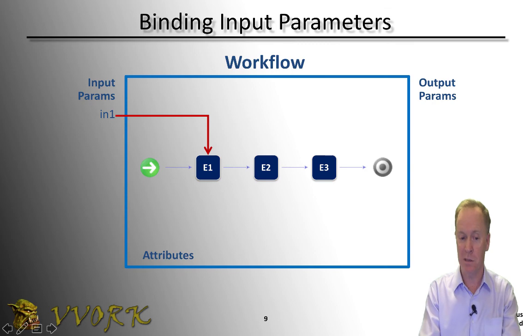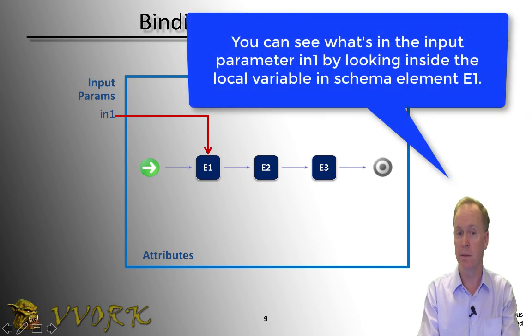So for instance, we just saw a moment ago, here we go again, that we have an inward binding. As a result of this inward binding, schema element 1 can see what's in input parameter in1. Schema element 1 can read the value that's in the input parameter called in1. Make sense? All right, let's continue onwards here.